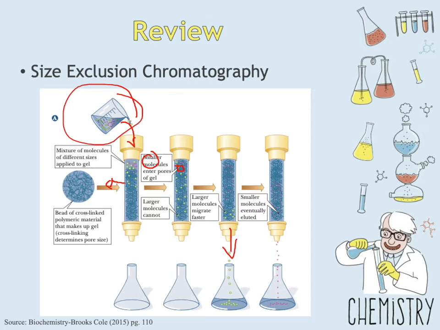The only problem here is that there will be a long process for the smaller molecules to be eluted. So a very careful observation must be done in order to determine how these smaller molecules were able to elute.